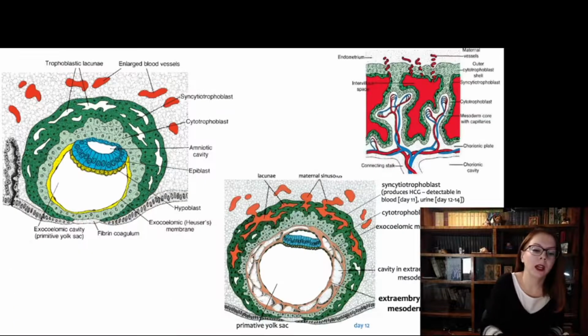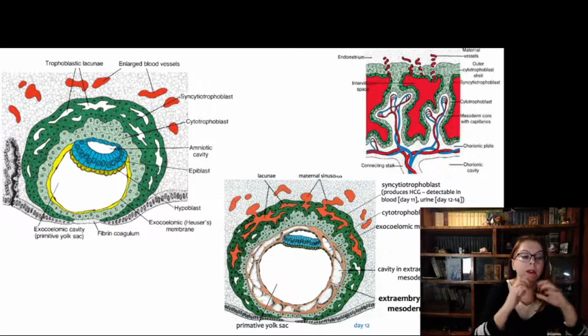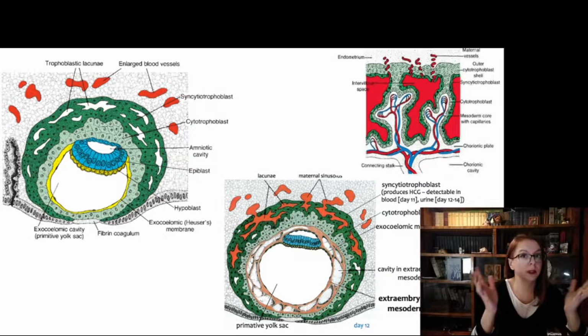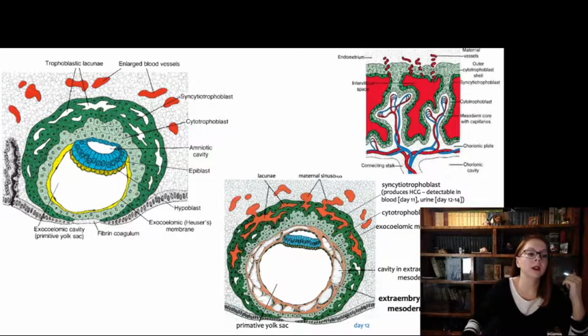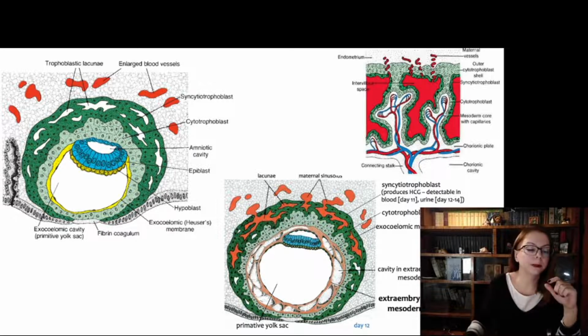So let's start. First, we have to recollect something from the first semester, and this is exactly the moment of implantation. To understand what the placenta is and its structure, first we should remember how the embryo gets implanted into the maternal uterus. So here we can see the embryo and the endometrium. As we know from the last lecture, in the endometrium there is the functional layer and the basal layer.